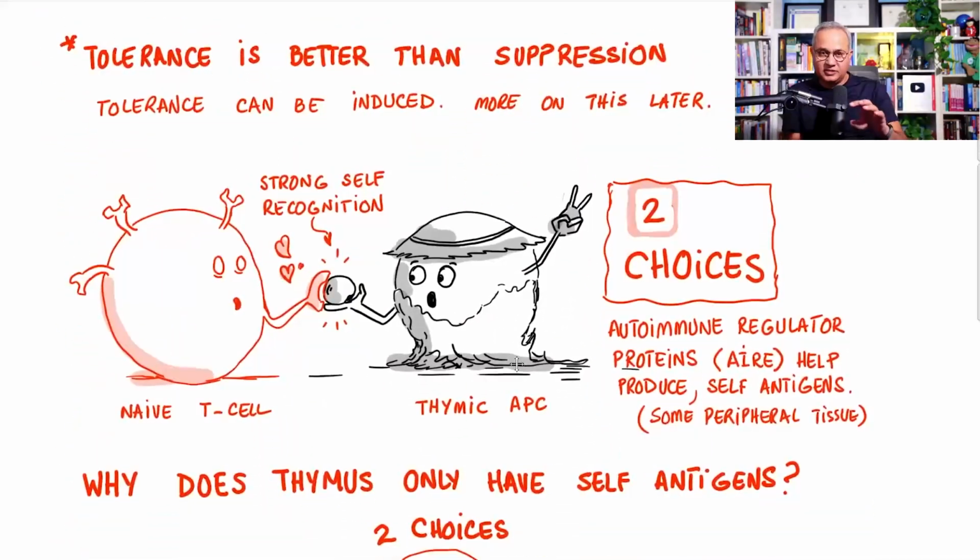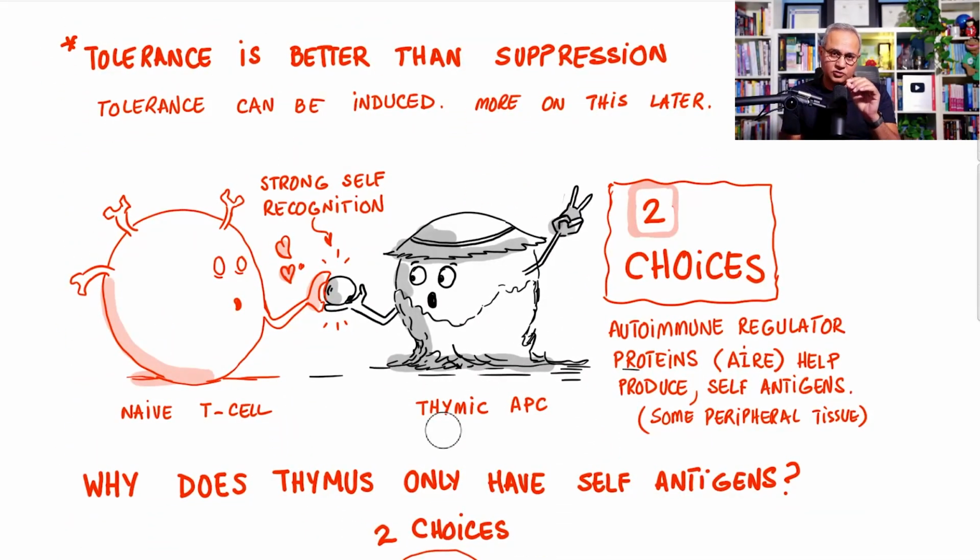Before we discuss more, I wanted to also touch upon this concept of immune suppression. For example, let's say steroids do immune suppression versus immune tolerance. Tolerance is usually more precise, more specific, and more limited in its behavior. Immune suppression normally is more broad spectrum.